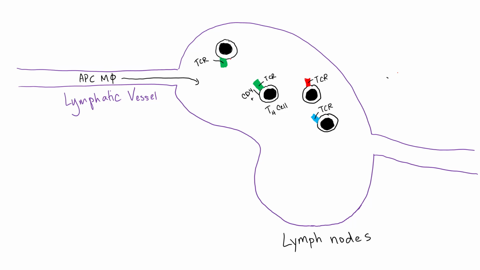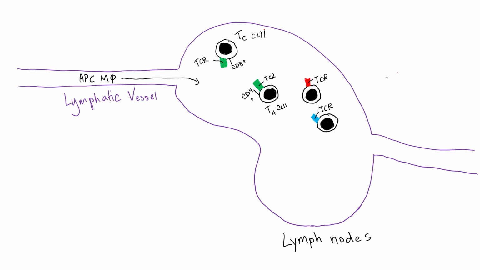And then up here, we have another type of T lymphocyte with a CD8 co-receptor. What type of T cell displays a CD8 co-receptor? That's right, this would be a cytotoxic T cell or a killer T cell. So these two different types of T cells.